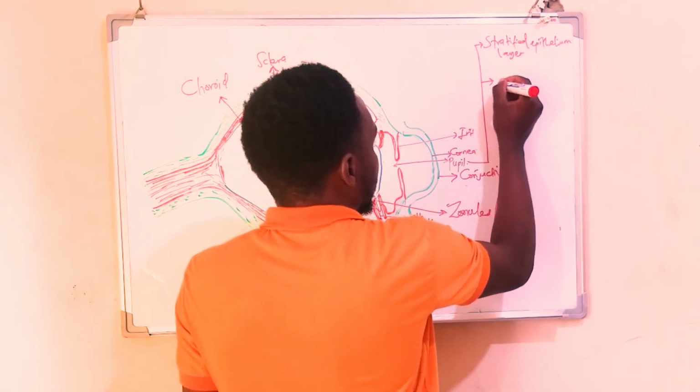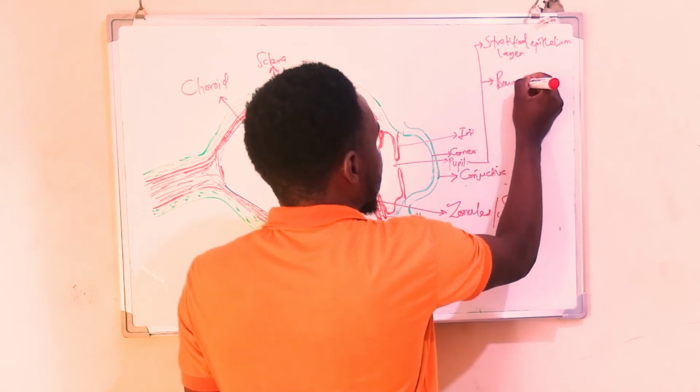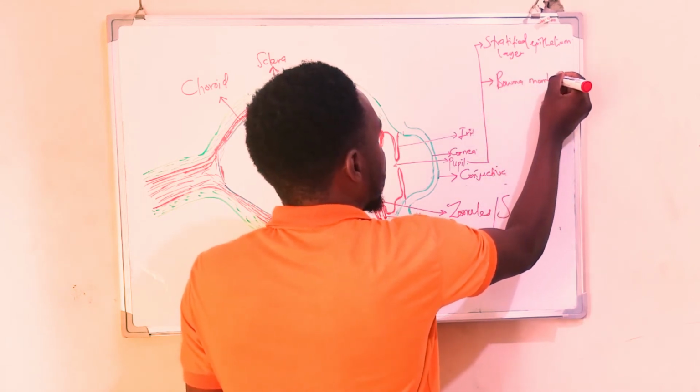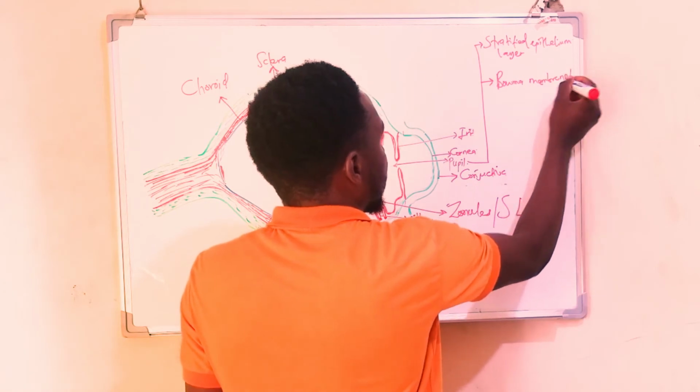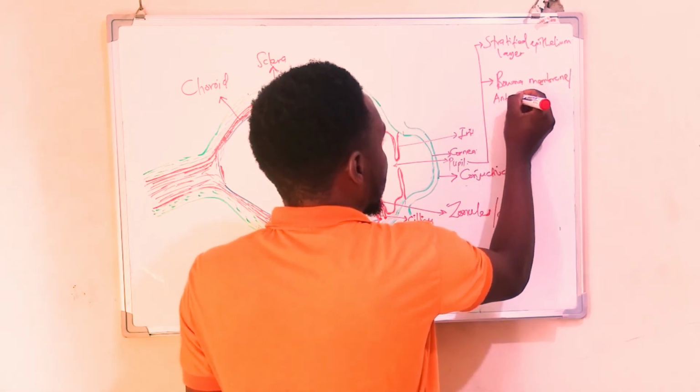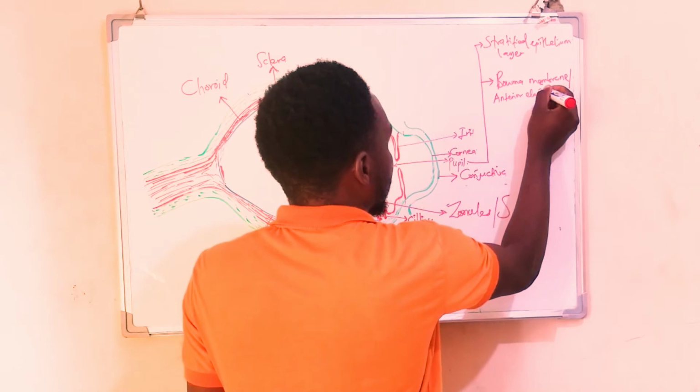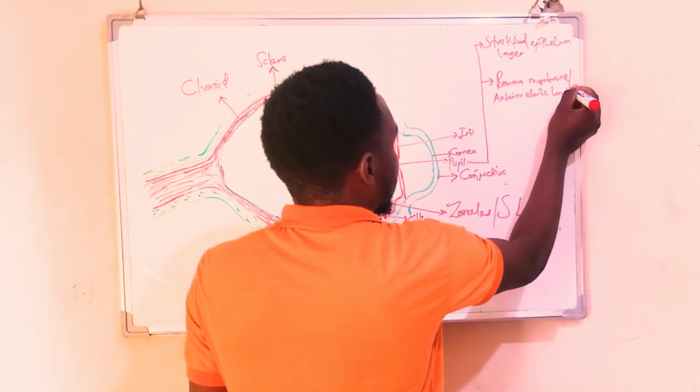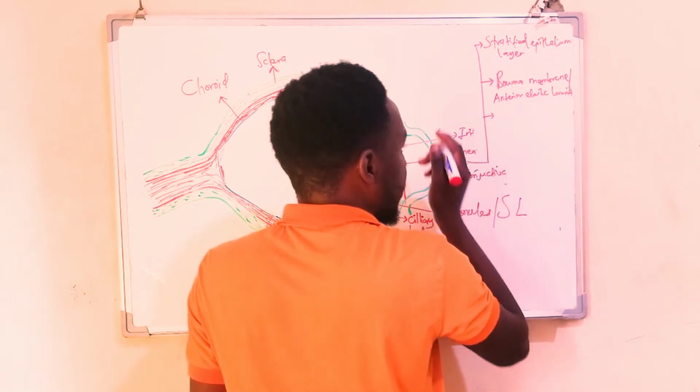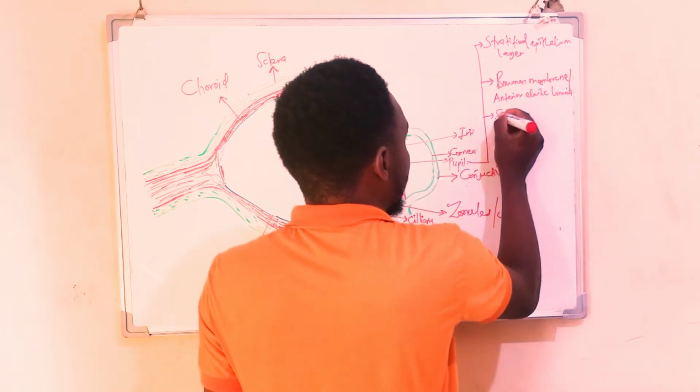The second one is the Bowman membrane, also known as anterior elastic lamina. Then you have substantia propria.